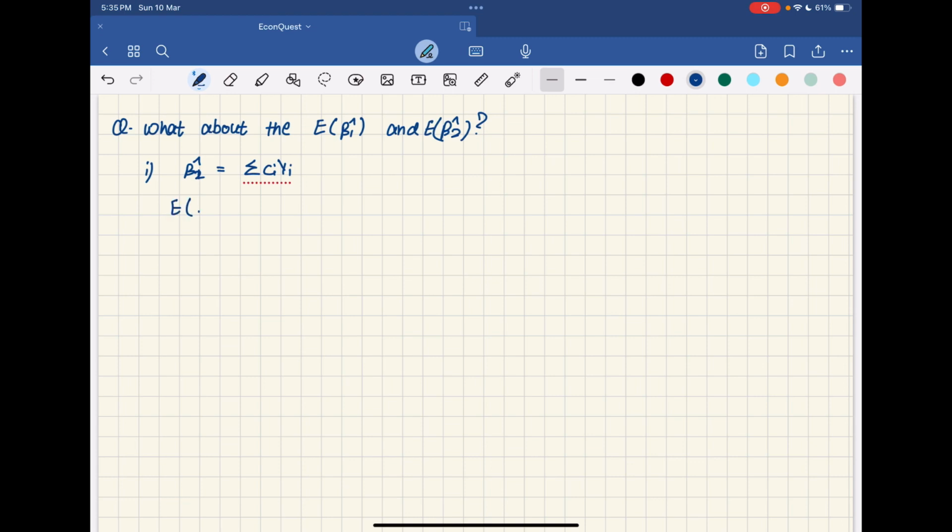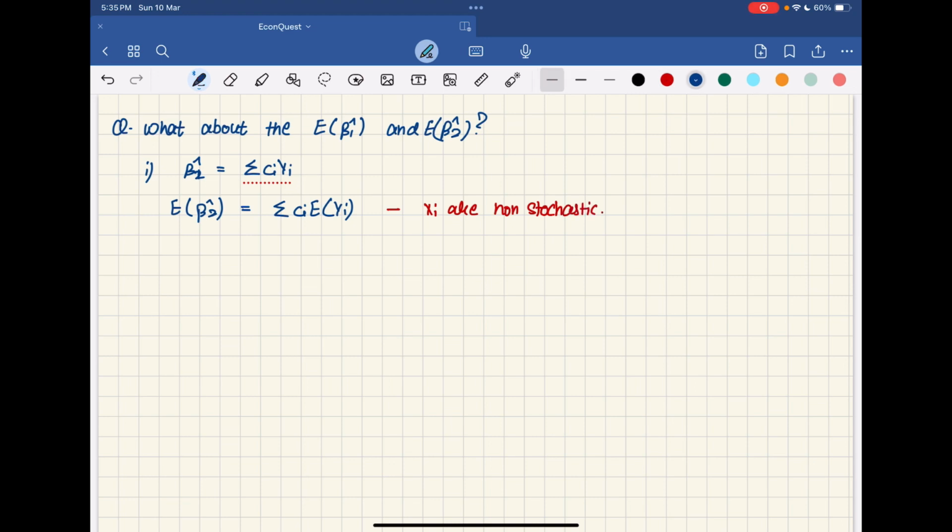So what is the value of expectation of beta 2 hat? This should be equals to summation of ci expectation of yi, right? Again we are using the assumption that xi are non-stochastic.